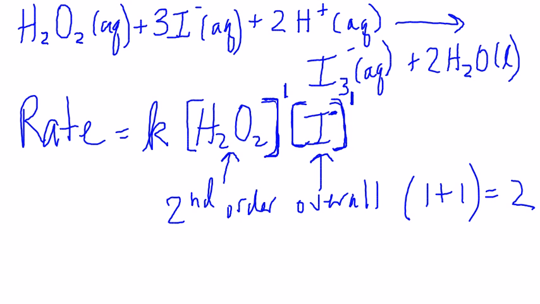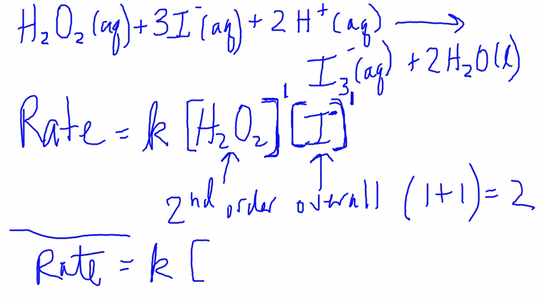Let's just say for a very different reaction, the rate law is experimentally derived to be, let's say, NO, nitric oxide, squared, and then O2 to the 0.